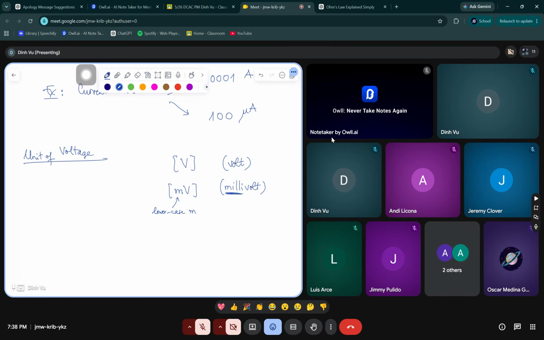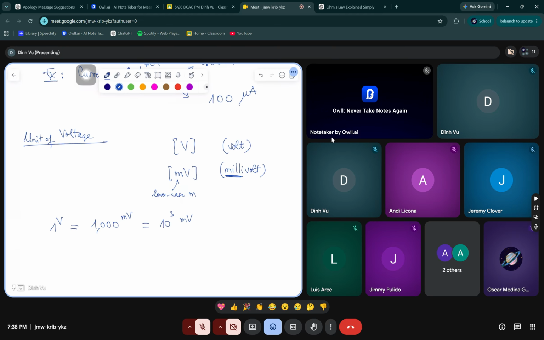So 1 volt is how many millivolts? 1 volt is 1,000 millivolts, or 10 power 3 of millivolts.